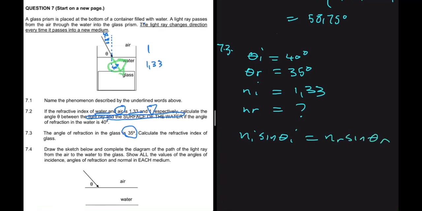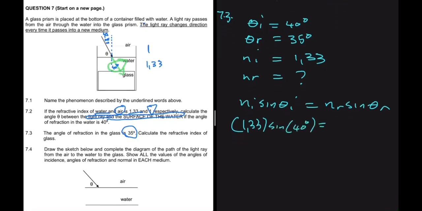We're coming from water, right? So it's 1.33. And then the angle is the angle of refraction from air to water, right? That is sine of 40 degrees. That will be equal to Nr, which is what we're looking for.